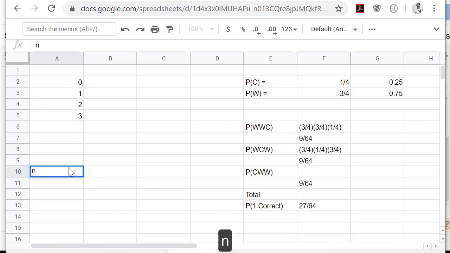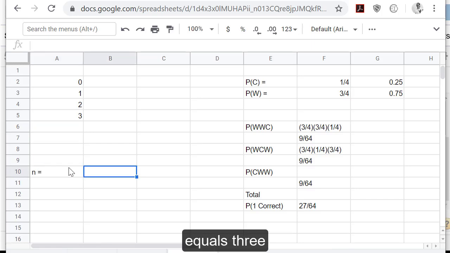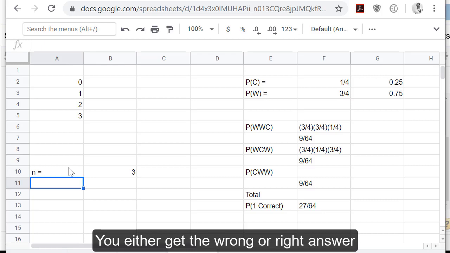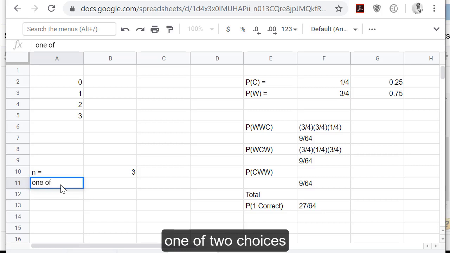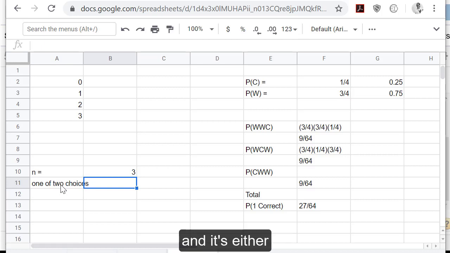N equals 3. You either get a wrong or right answer, so answers are either one of 2 choices, and it's either right, correct, or incorrect, wrong.